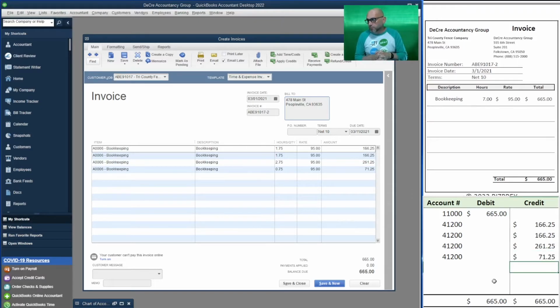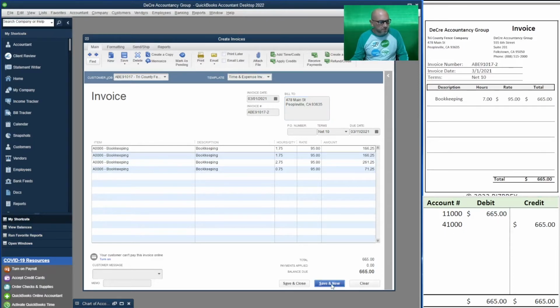Right, that is correct too. All right, we can also do this. Right, that is correct too. And so is this. As long as debits and credits equal each other, right at the total, at the sum, we're good.